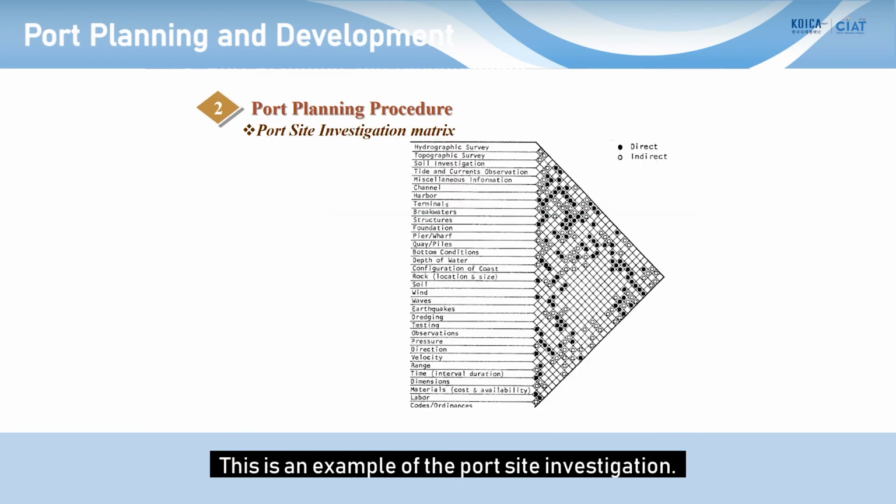This is an example of a port site investigation matrix in the process of port planning. This shows only the physical analysis of the port site. There must be matrices for the economic and financial analysis of the plan, but here the civil engineers are looking at all the items, and also figuring out the direct and indirect connections between each item.